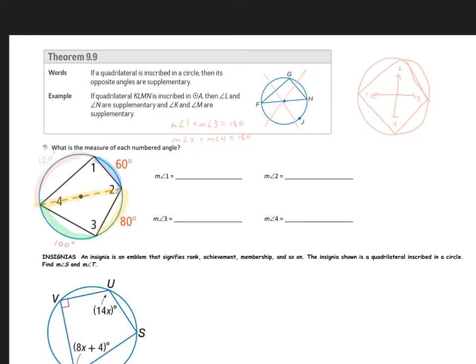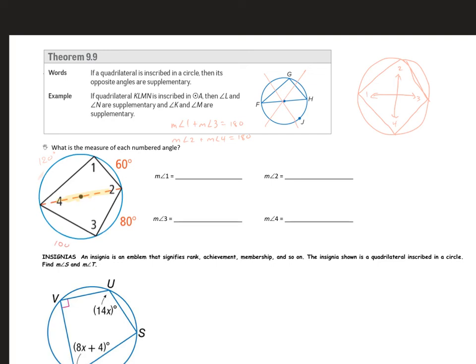I'm going to go on and erase all these colors here, hopefully. Well, it's not allowing me to erase, but that's okay. There we go. So now I can go on and figure out each one of these angle measures.